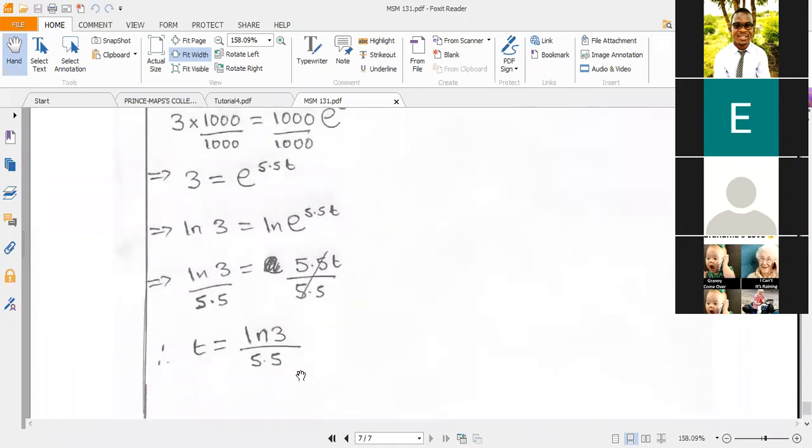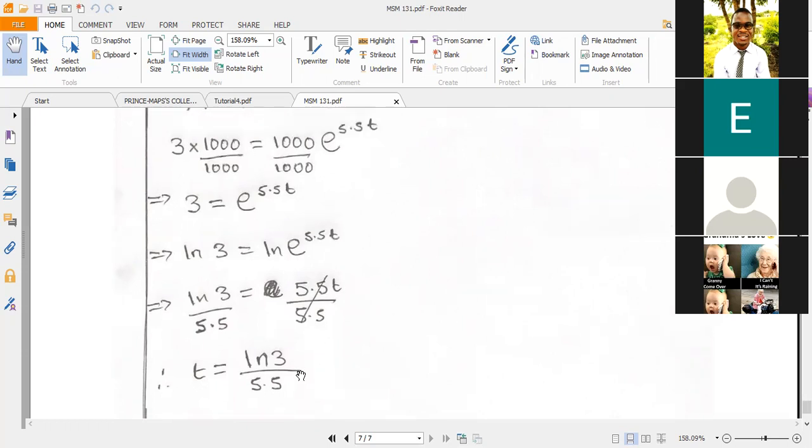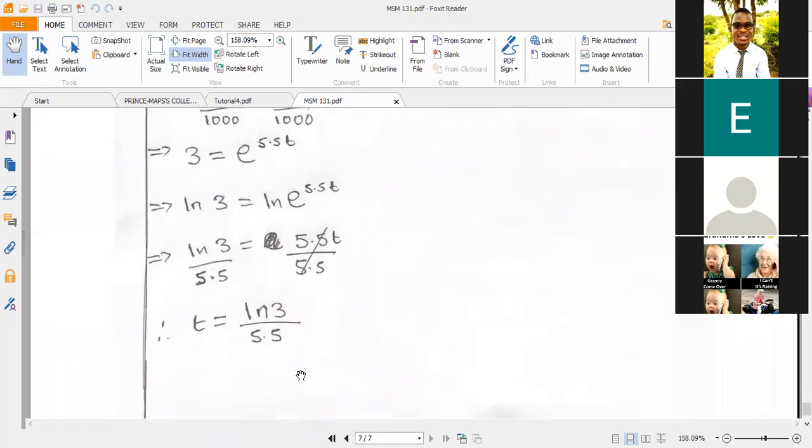Why are you not converting the 5.5 to a percentage, where you say 5.5 over 100? Okay, what is 5.5 over 100, sir? It's 0.055. Then when we reach the point where we are canceling, we still cancel, and we still have 0.055 to find the value of t.